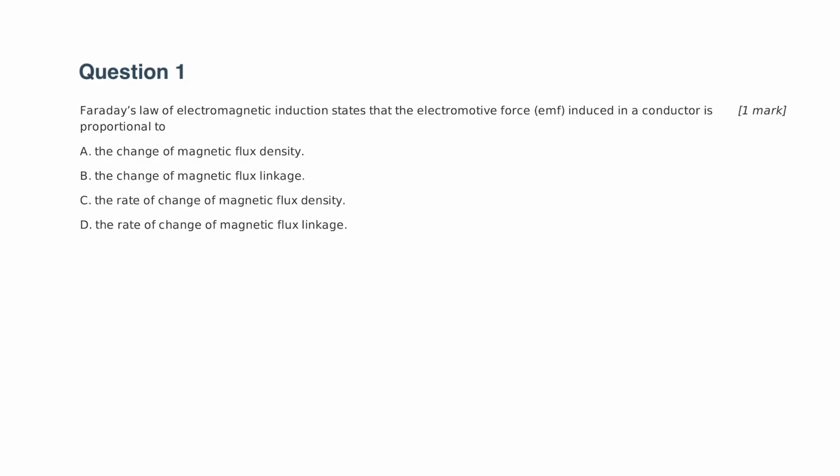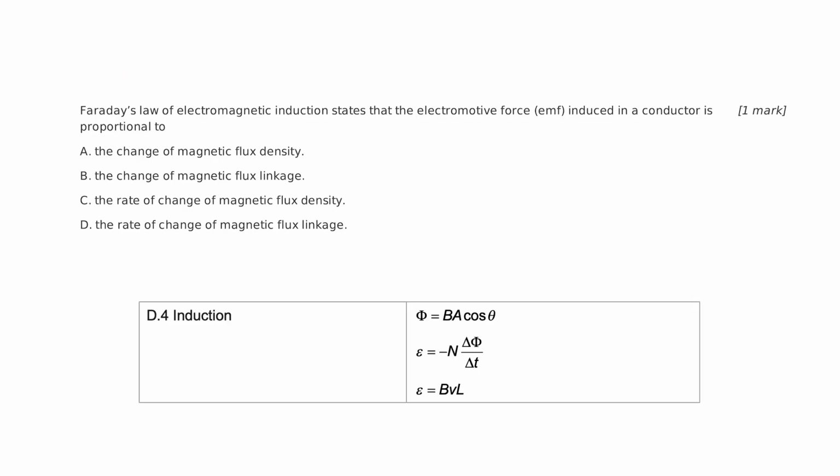Question 1. Faraday's law of electromagnetic induction states that the electromotive force induced in a conductor is proportional to, and then we have 4 answers. If we nip to the data booklet, we can see that Faraday's law is, I'm going to use that symbol for E. I've not written it exactly as it is in the data booklet, but this here is magnetic flux linkage.